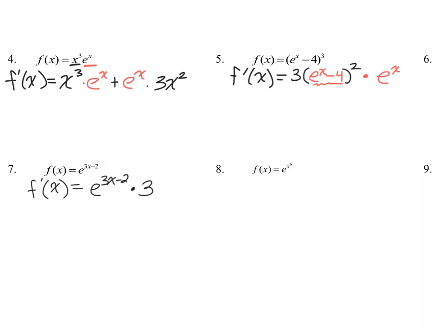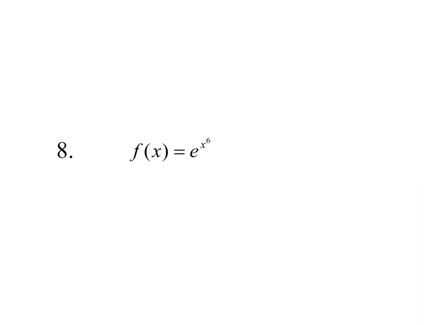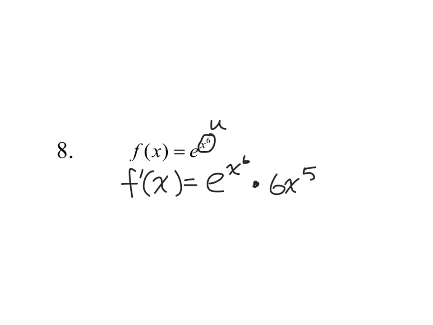Number 8's pretty much the same idea. Once you get a sense of the structure of your derivative, there's a lot of these that you can crank out pretty quickly. All right, so this is my u. We're looking at e to the x to the 6th times the derivative of my u, which would be 6x to the 5th.